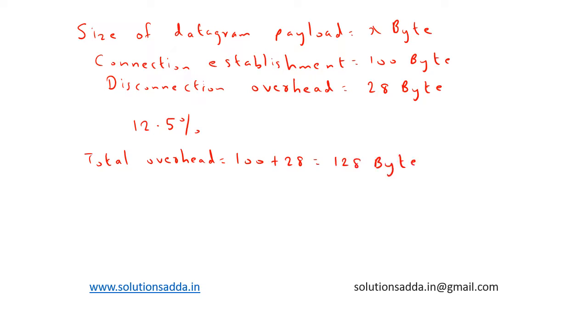Now, since transport layer wants to keep a minimum overhead of 12.5%, let's calculate. 12.5% of X would be 128 bytes. So we can rewrite it as 12.5 by 100 into X is equal to 128 bytes.